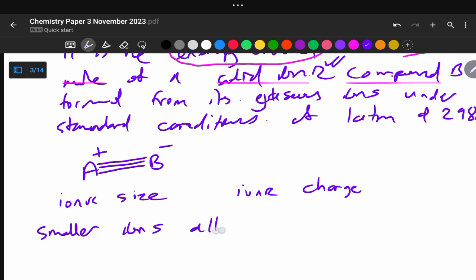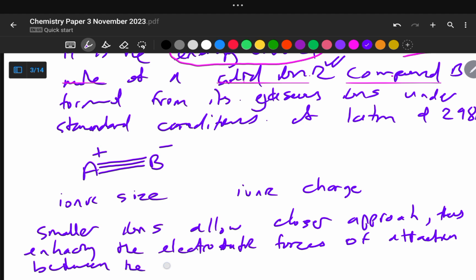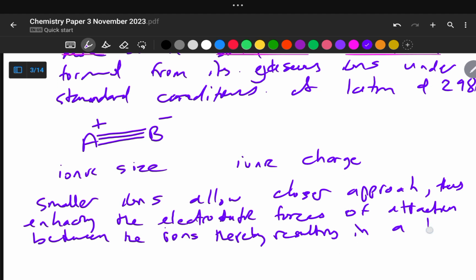So you can say that smaller ions allow closer approach, thereby enhancing the electrostatic forces of attraction between the particles or between the ions, thereby resulting in a larger magnitude of lattice enthalpy, right?